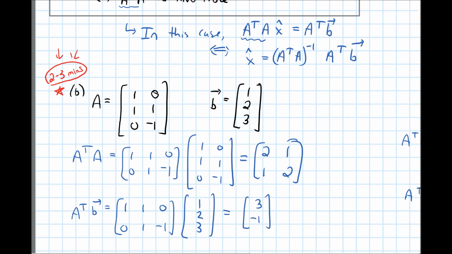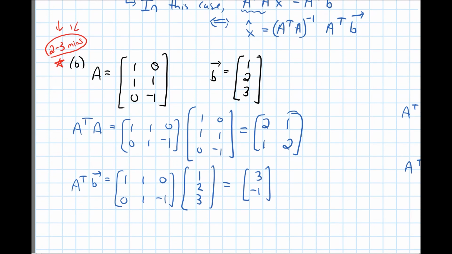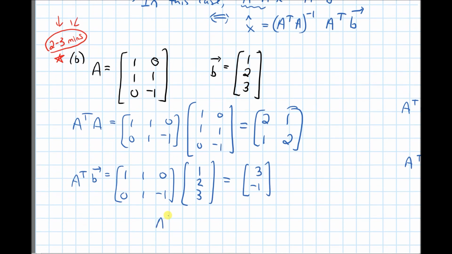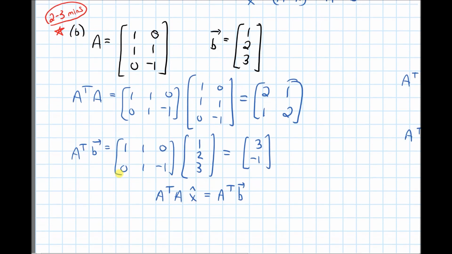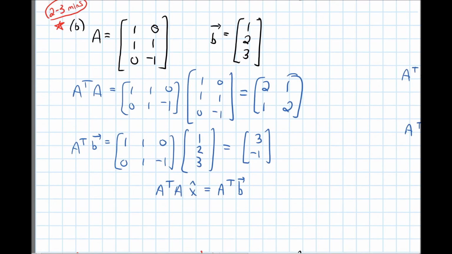All right. So now we need to set up our normal equations: A transpose A times x hat equals A transpose times b. A transpose A we had figured out; that was 2, 1, 1, 2.